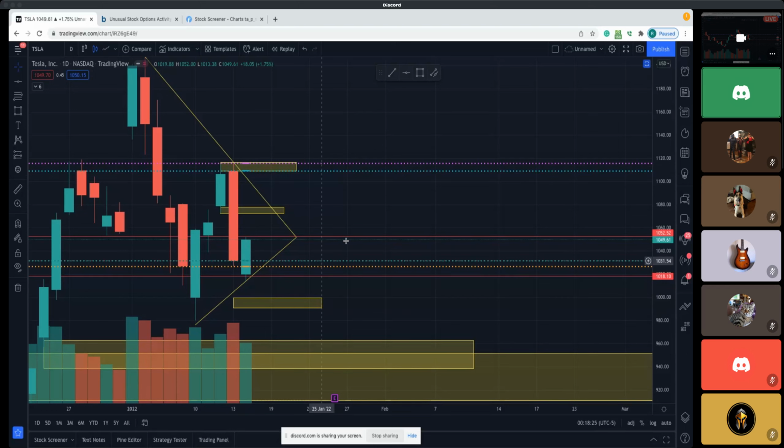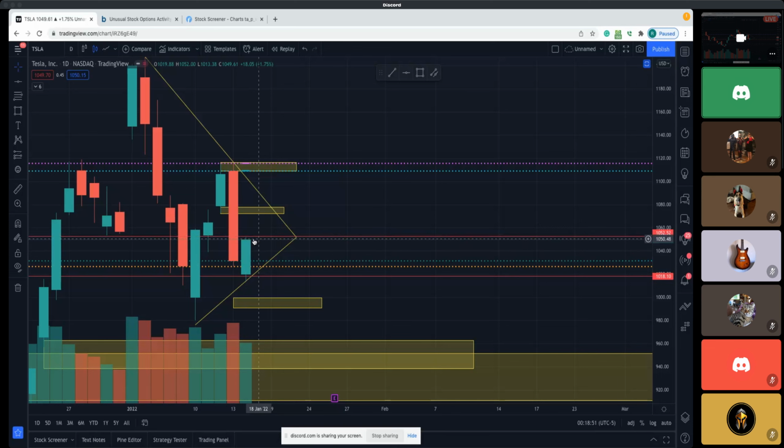So where are we at right here? I think that was support, support, resistance here, right? So the next day candle is probably going to open somewhere around here. It might not open right at this 1052, which is your resistance, right?